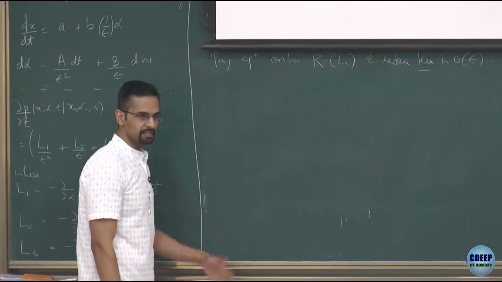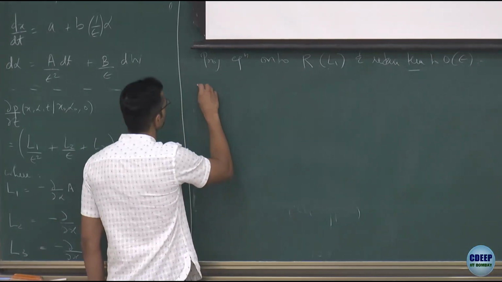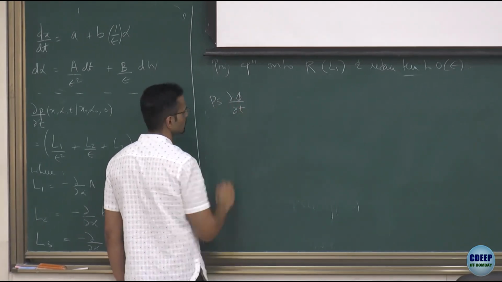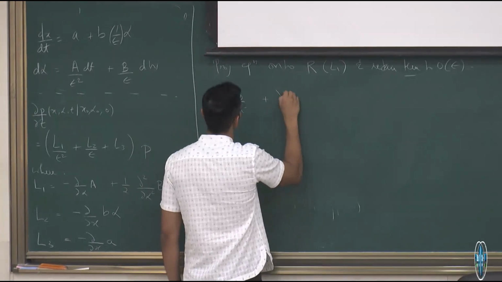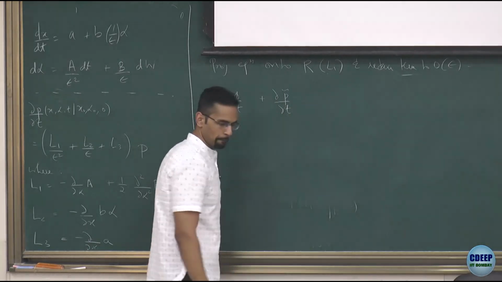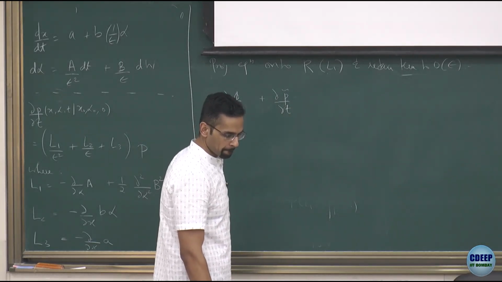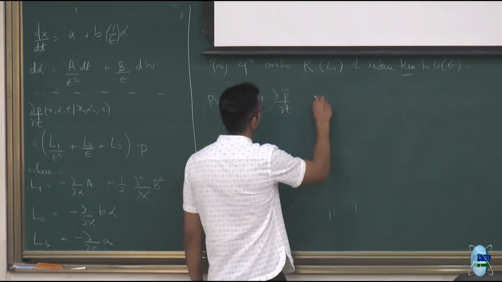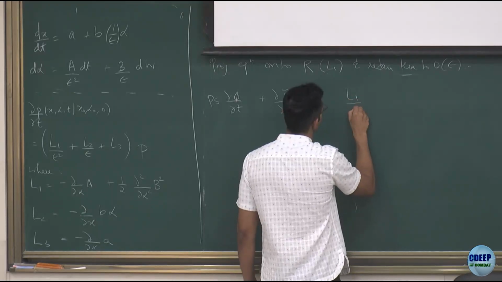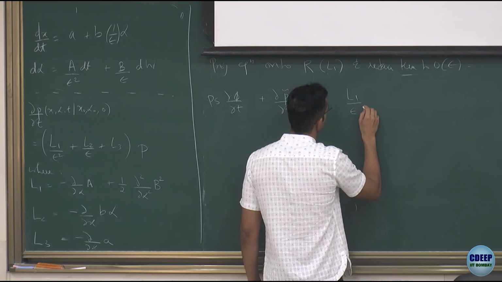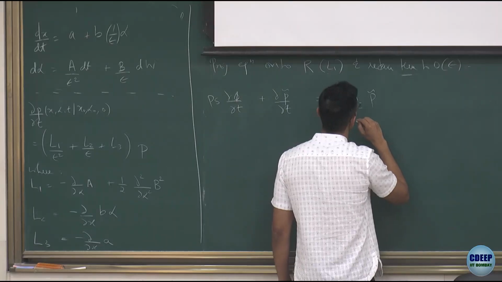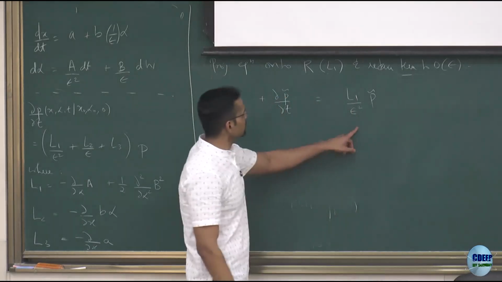So let me write out everything and then we'll drop things. So we have the full stuff. Right, so now I'm coming to the right. So I'll subtract out the stuff later.